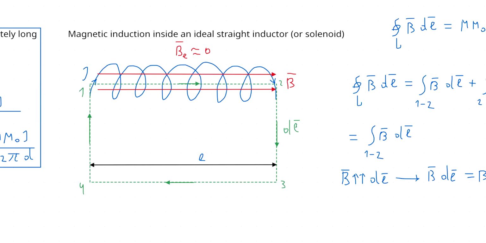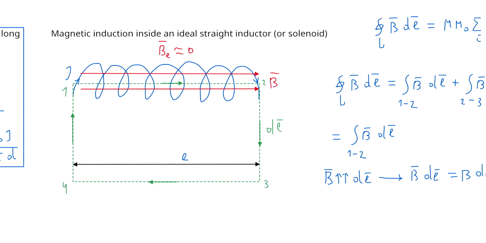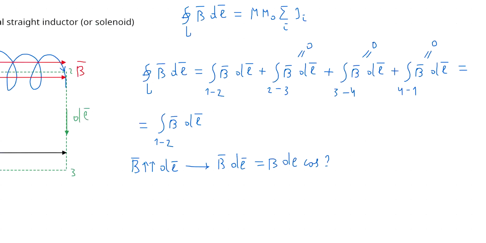Oh, okay. It will be 0, because we have the same direction for vectors b and dl. So what will we have as a result?